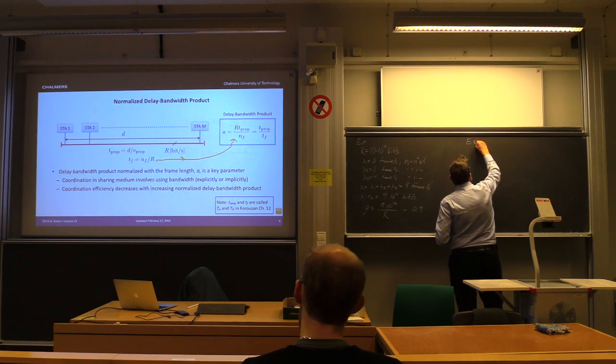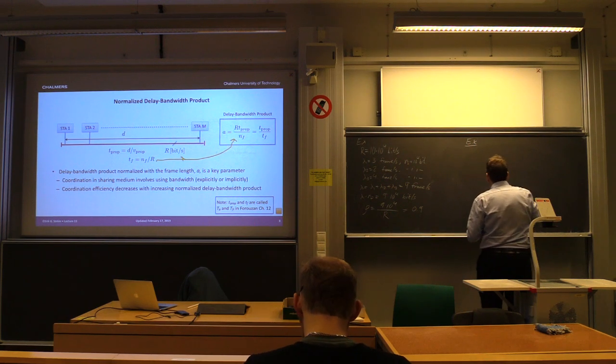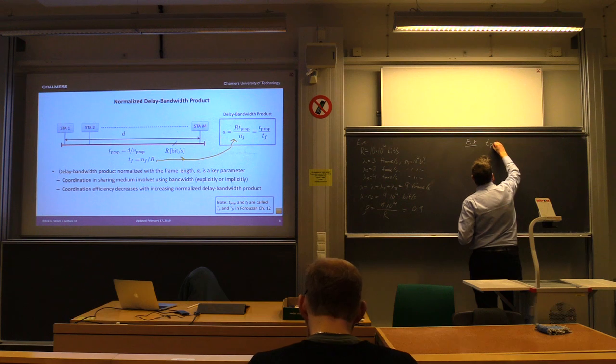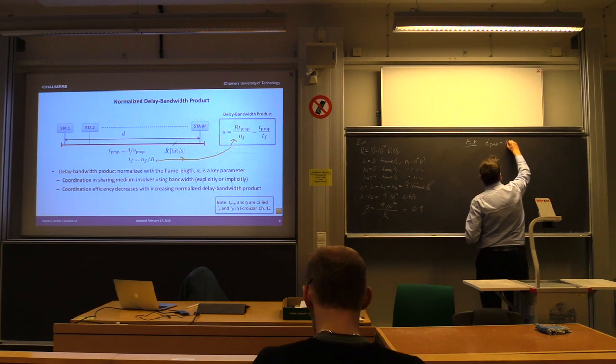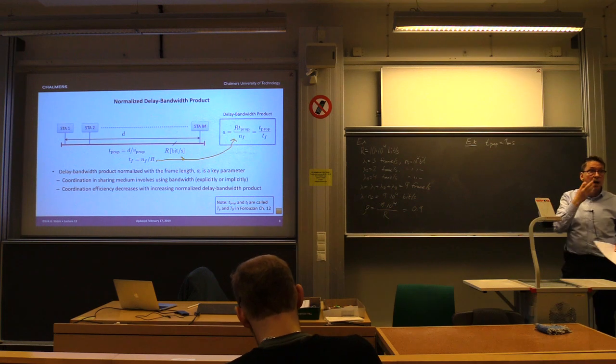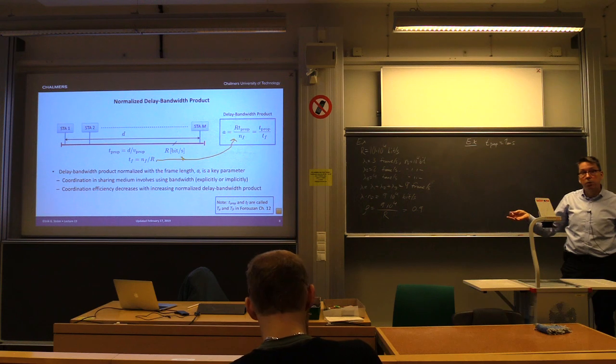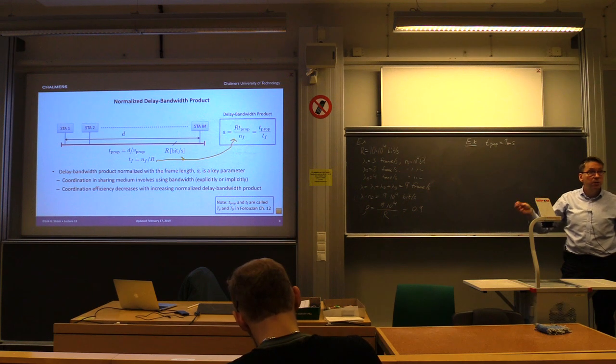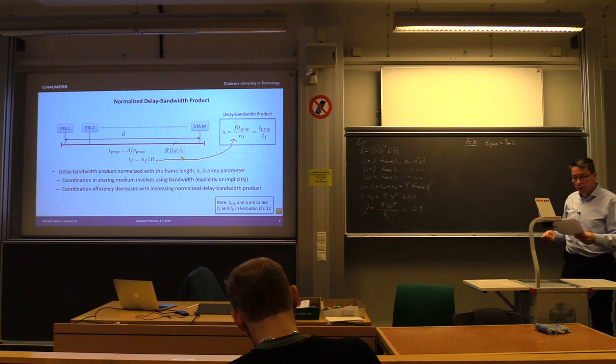say a simple example of this, suppose we have a propagation delay of 1 millisecond. That could easily happen if we have a long enough fiber or a radio channel. The distance between transmitter and receiver is 1 millisecond, say.